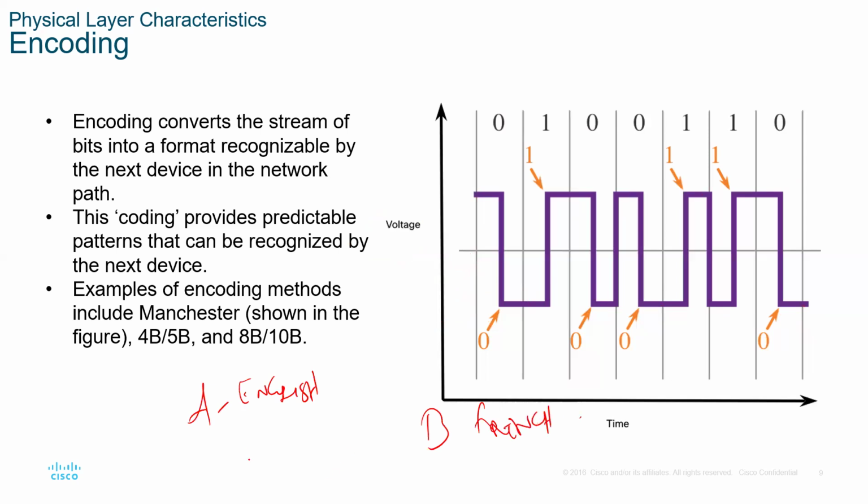For these two devices to communicate, there needs to be encoding, which converts from English to French or from French to English. So encoding is important for efficient transmission, number one, and also for compatibility. If you have two devices which do not speak the same language, then you need an encoder in between those devices, which will act as a translator, if I can say.